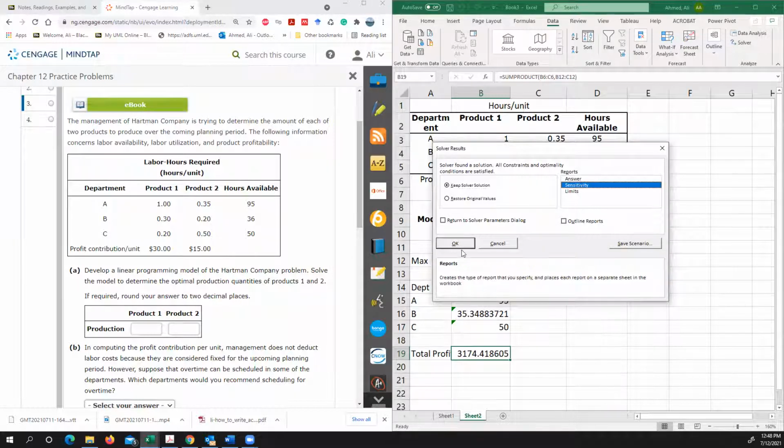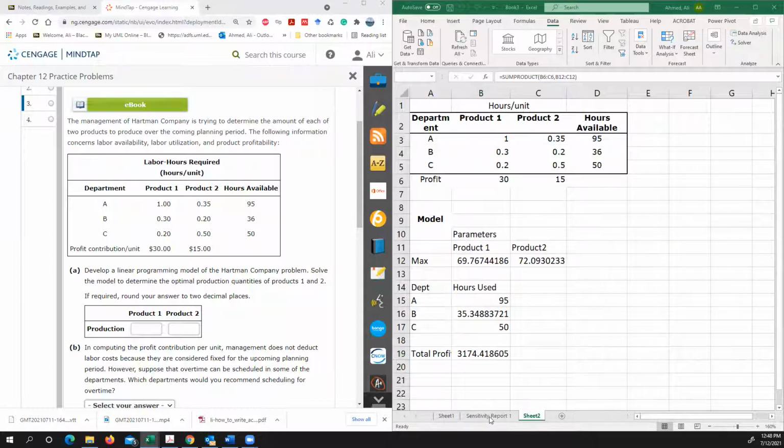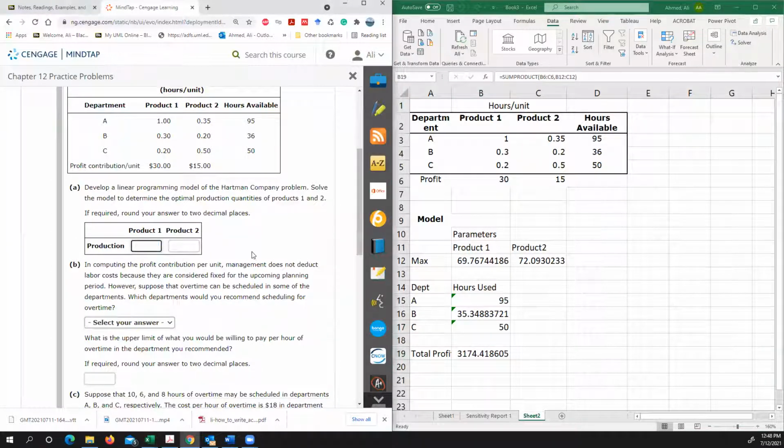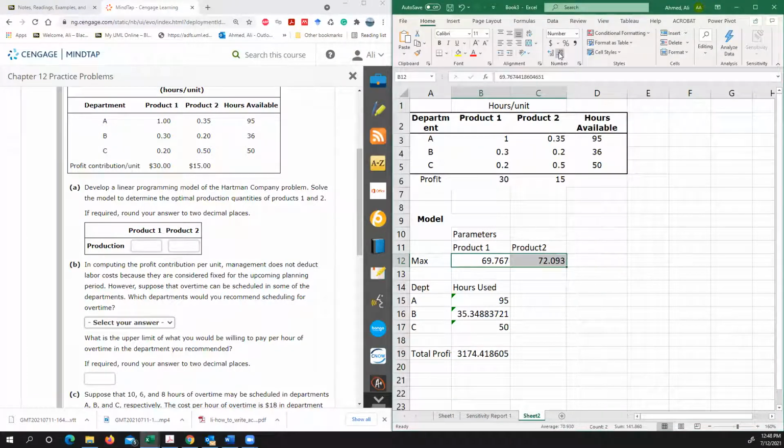Press sensitivity so that if there are more questions, we can answer them. So let's produce this one. All right, so let's enter the number, and they're saying enter 2 decimal places. We can easily make this 2 decimal just like this. So it's perfectly 2 decimal.